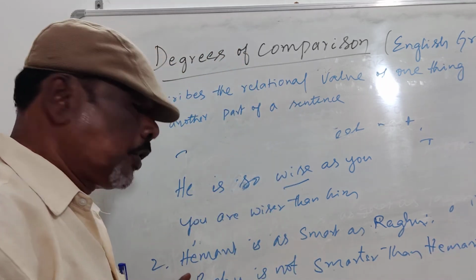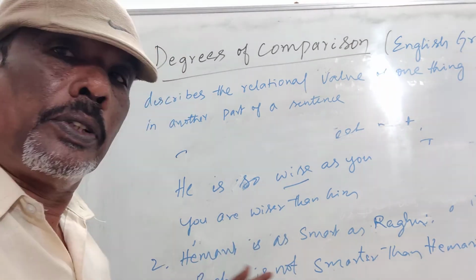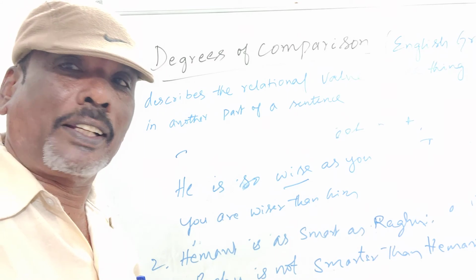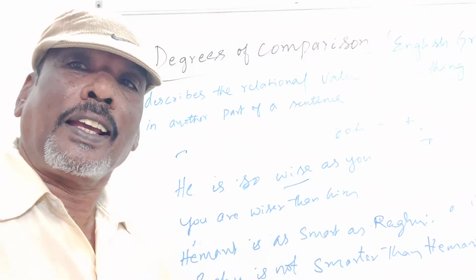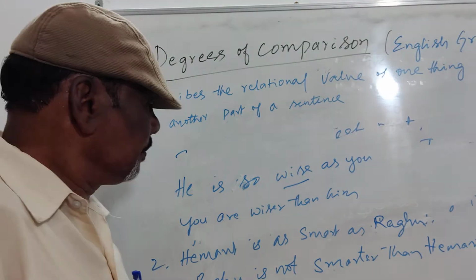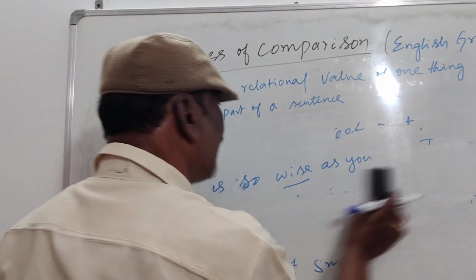Please see. So we have changed this positive degree into negative degree. Raghu is not smarter than Hemant. Got it? Let's go to another example.